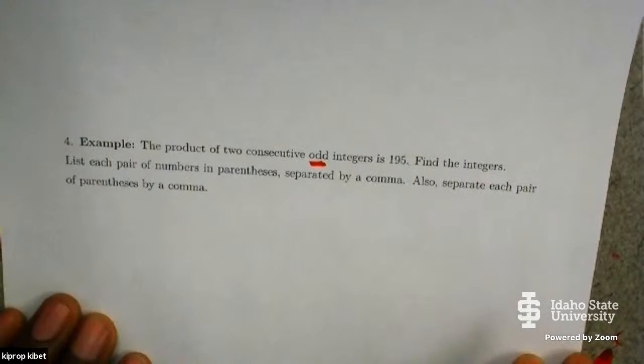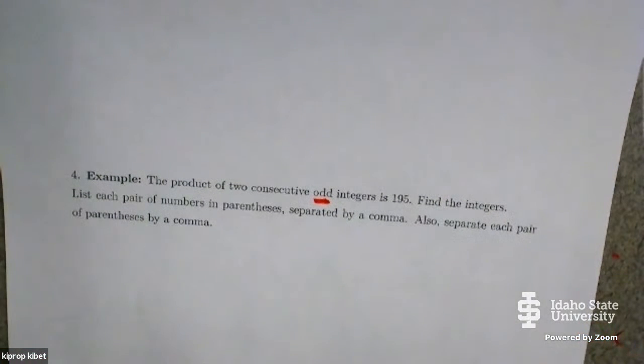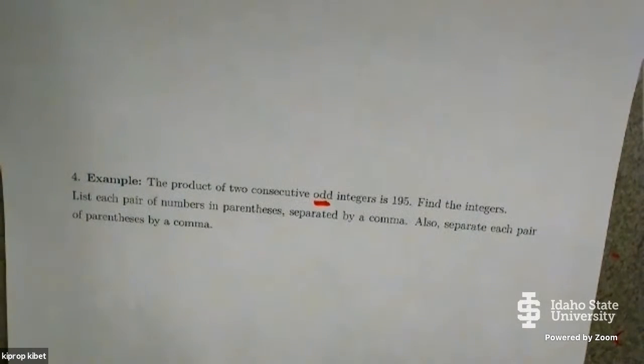Okay, so odd numbers. An odd number is like 1, right? What is the next one? 3, right? So what do you do to get the next? Yeah, you add 2.